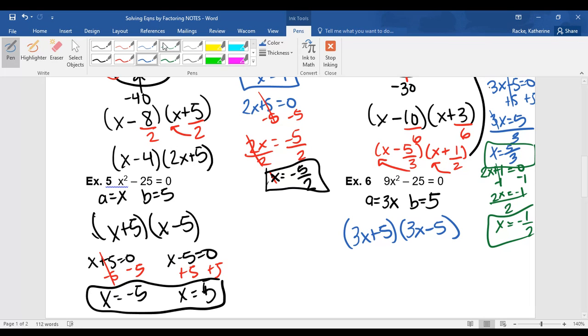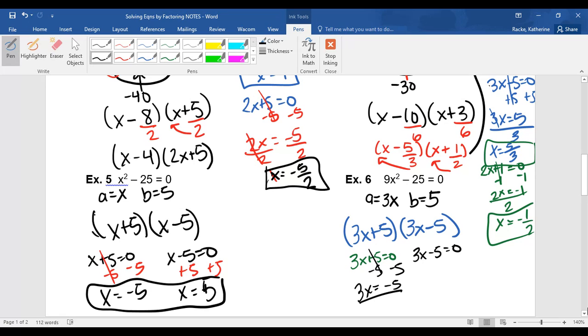Now setting both of these equal to 0, 3x plus 5 equals 0, and 3x minus 5 equals 0. Subtract 5, you get negative 5 equals 3x, divide by 3, cancels out over here.